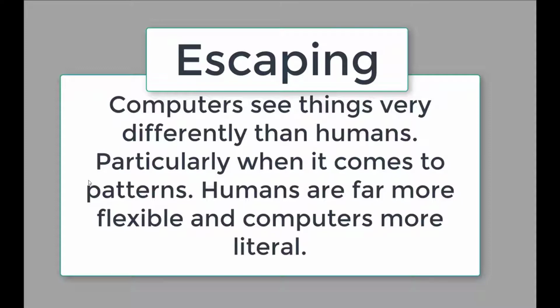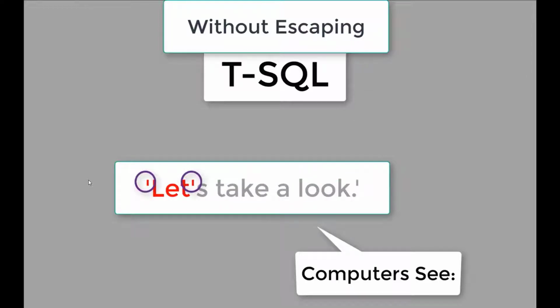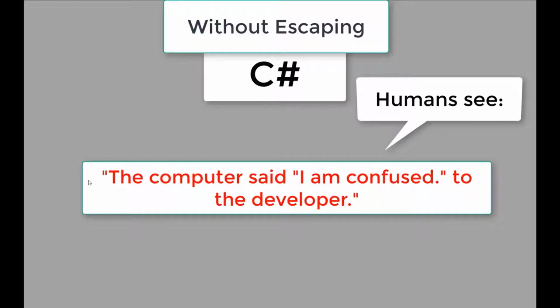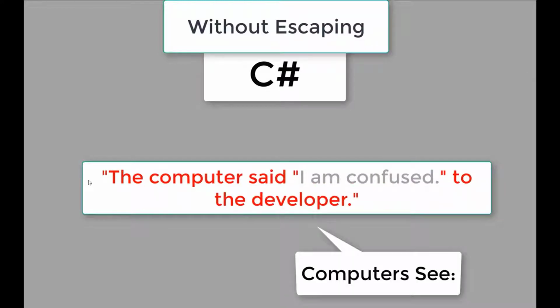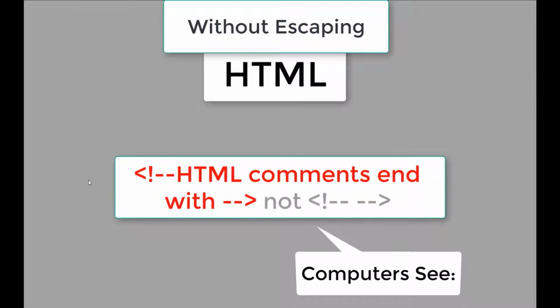Let me give you some examples of how this works for a computer and a person. This is how we would see this string: a single string with a quote in the middle of it. To a computer, you have the begin string and end string quotes, and then an extra one at the end to start the next string. And here's an example of the same problem, only with C# and with HTML, where again the computer doesn't understand where we intended the beginning and the end of the string or the comment to be.